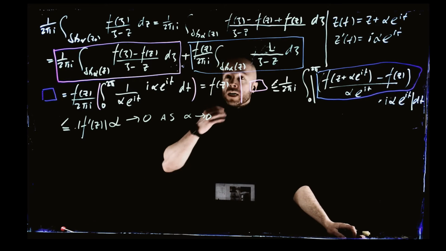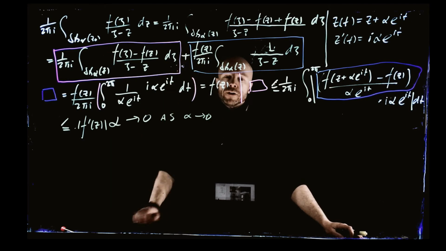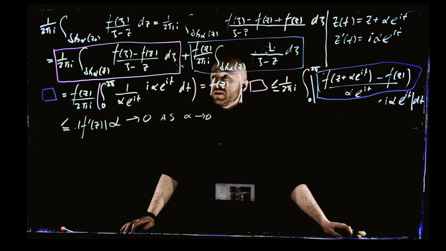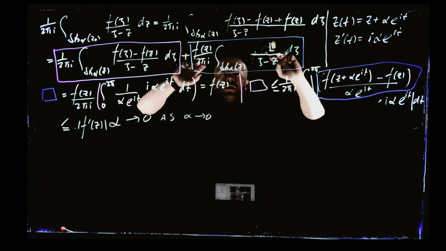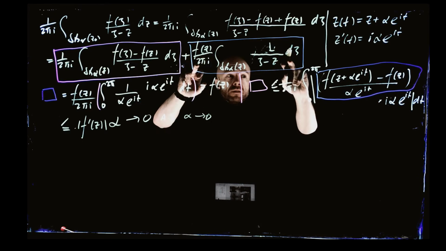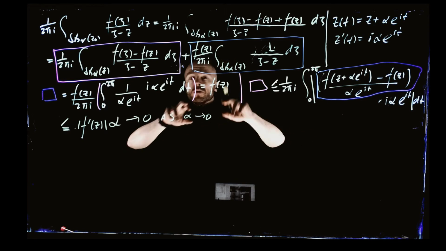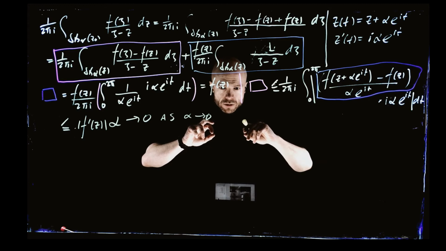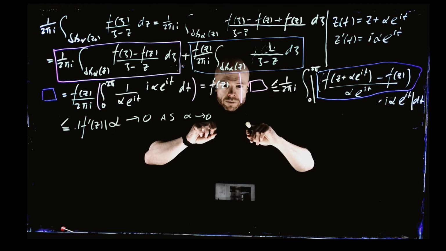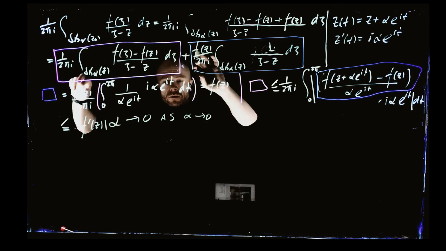And since this formula is true for any choice of small alpha, this thing is actually just equal to this thing, which we showed was just equal to f itself. Because alpha can be made as small as we like, this thing is not going to play a role.